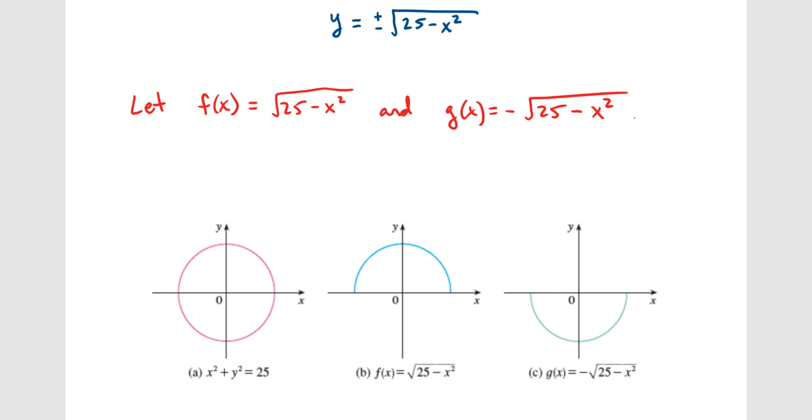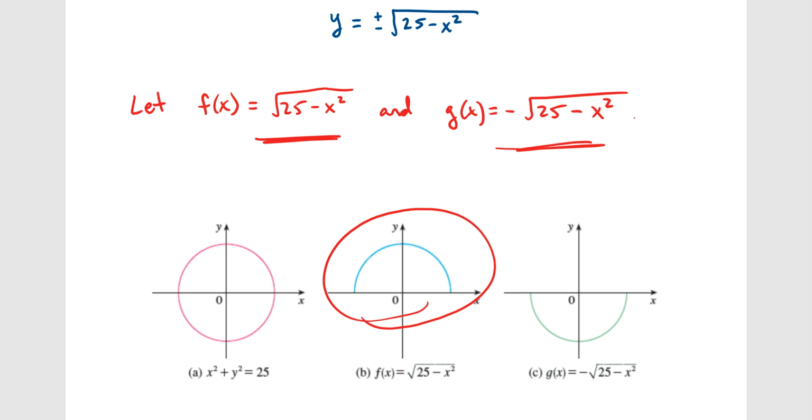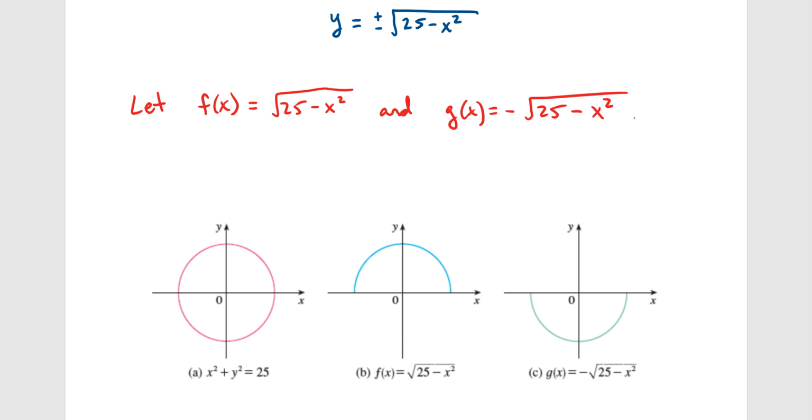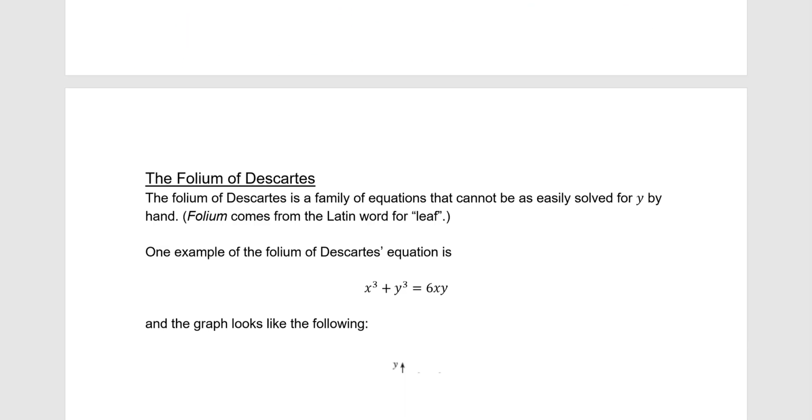And then you can see when we let f of x and g of x be two separate halves of that circle, we have the top half for f of x, the positive version, and the negative version for g of x on the right. So this particular one, we were able to actually solve for y, and then we could have taken the derivative of both of these separately, but we're not always going to be able to solve for y explicitly.